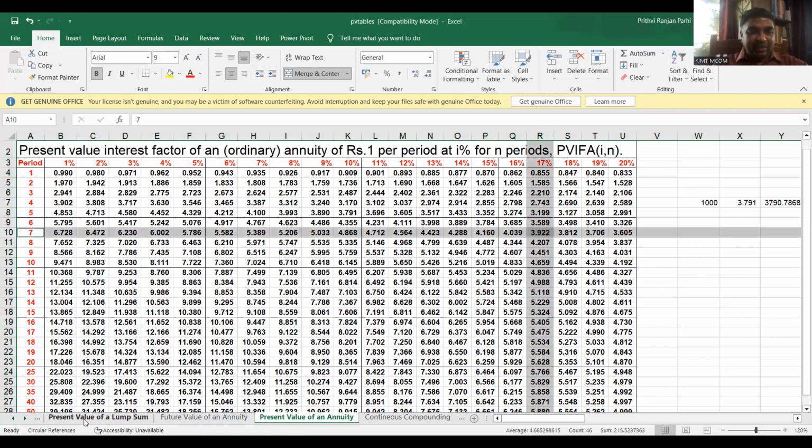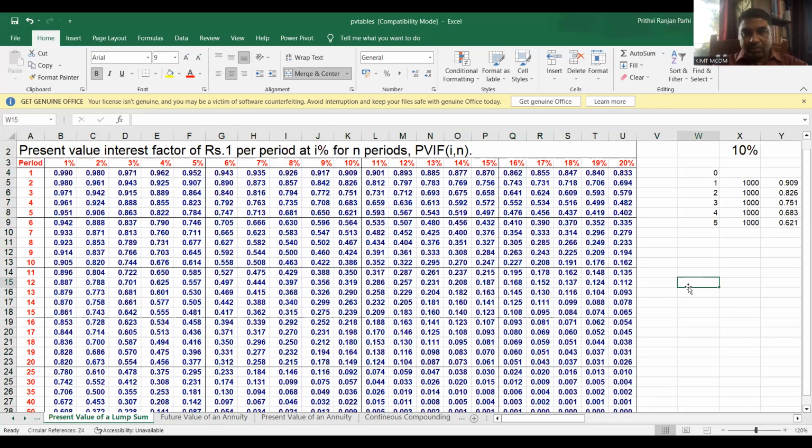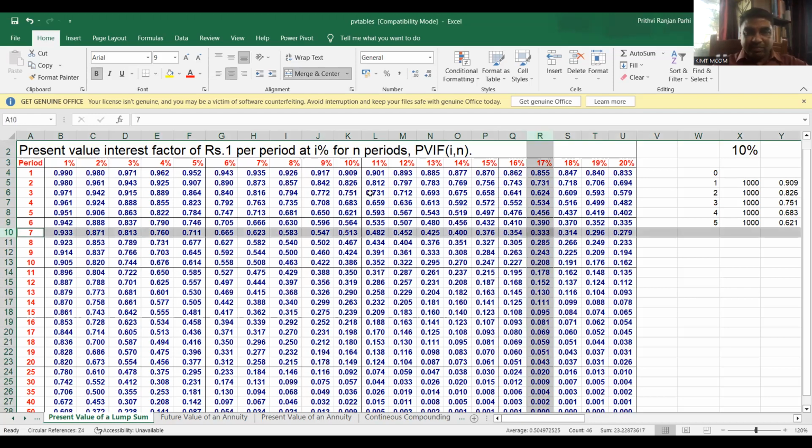Present value factor of a single sum: now you see, single sum at 17% for 7 years, 0.333. These are the two factors which are important to us.